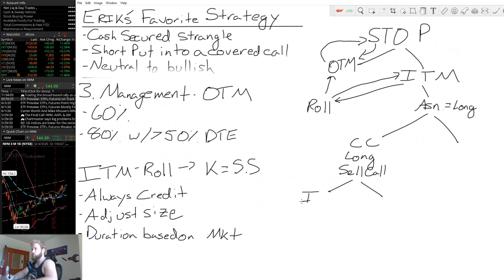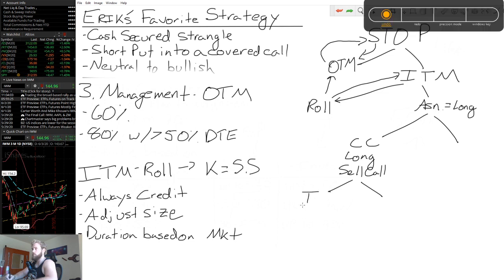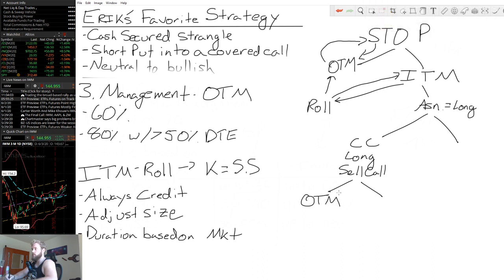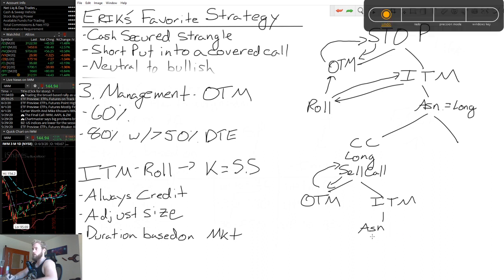Let's keep this side out of the money, sorry, just to keep it the same. So this will fall out of the money. And if the calls remain out of the money, we just sell another one and then continue that loop here. Or the calls will fall in the money, in which case we will be assigned. And then we will lose the longs.